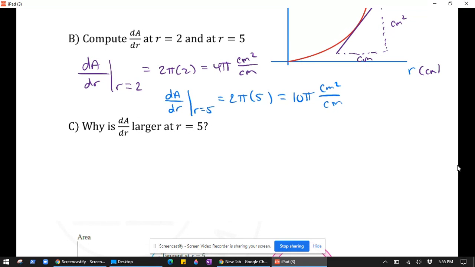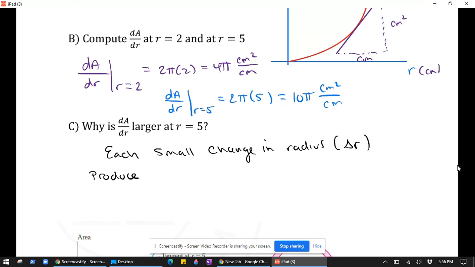And then it says, why is dA/dr larger at r equals 5? Well, I think I'm just going to indicate that this makes sense because each small change in radius, let's call that change in r, that's going to produce a larger change in area as r increases.